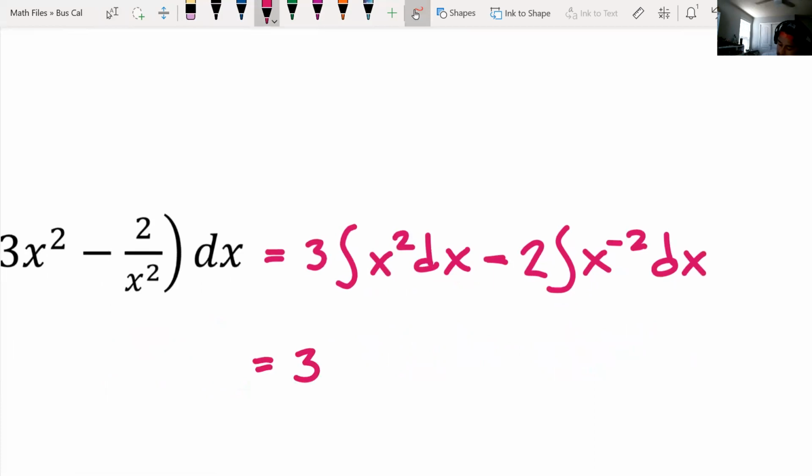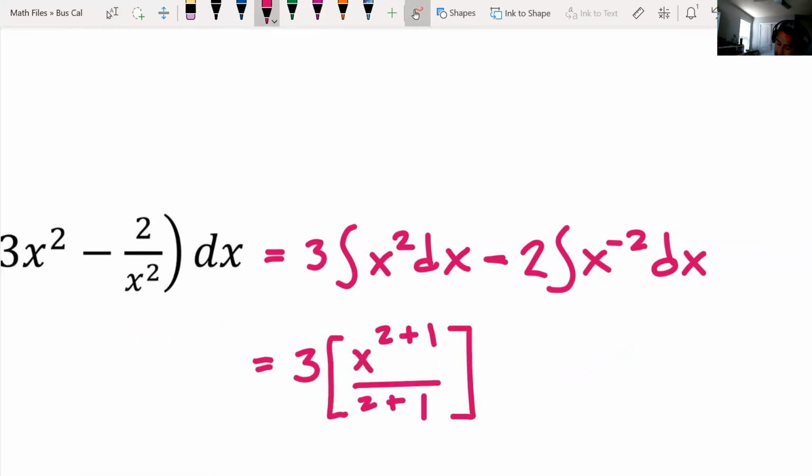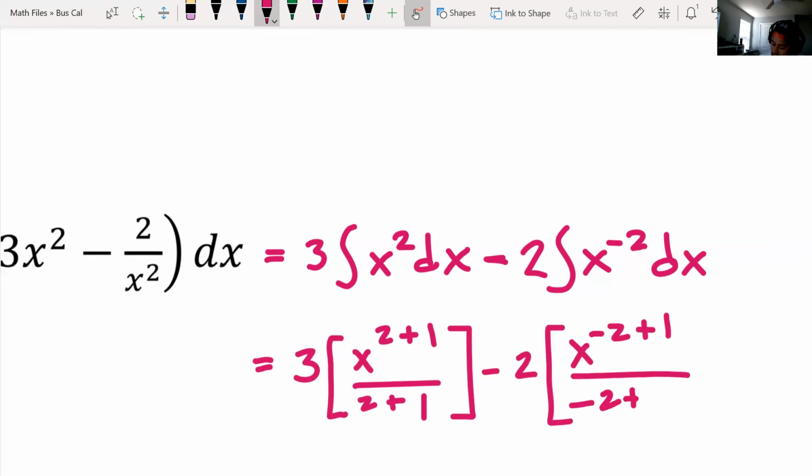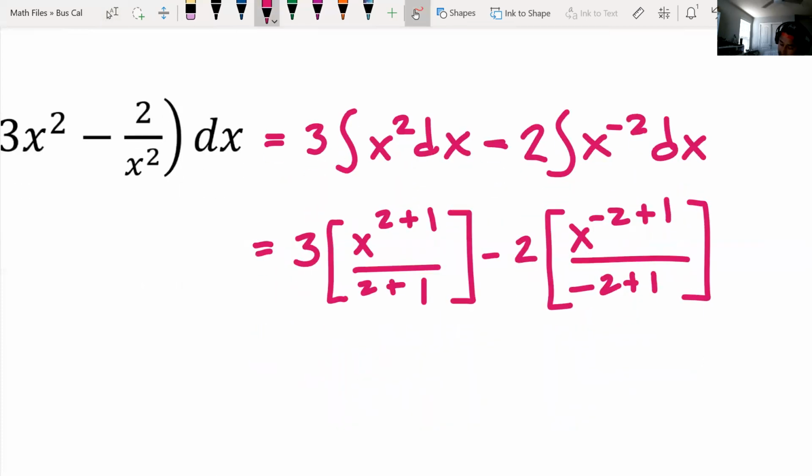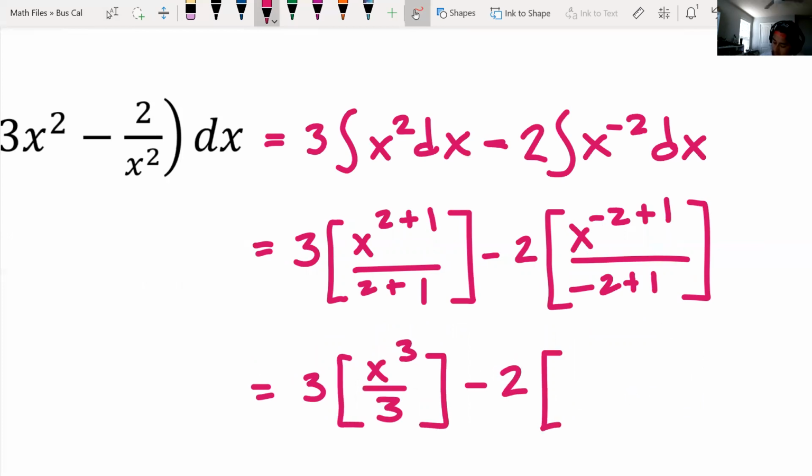So you'll get 3 times x to the 2 plus 1 over 2 plus 1 minus 2 times x to the -2 plus 1 over -2 plus 1. We use power rule. We clean up. 3 times x cubed over 3 minus 2 times x to the -1 over -1.